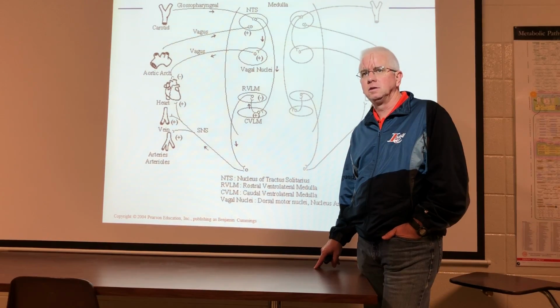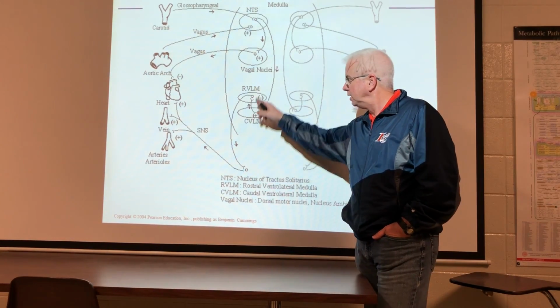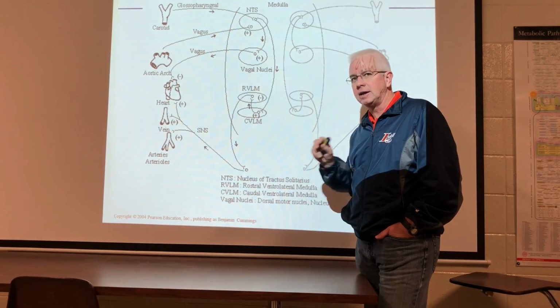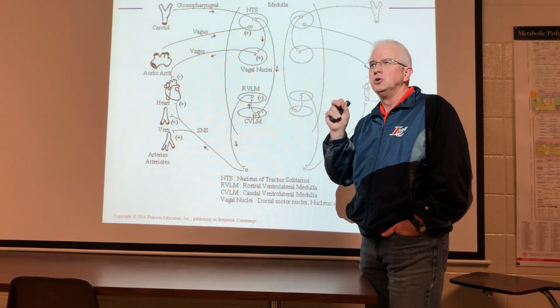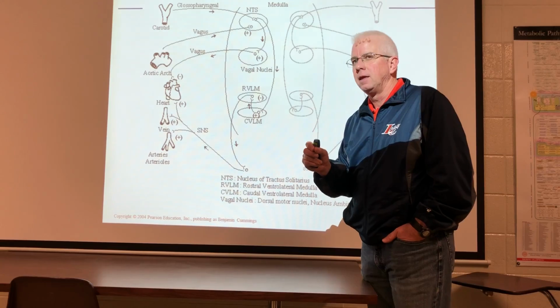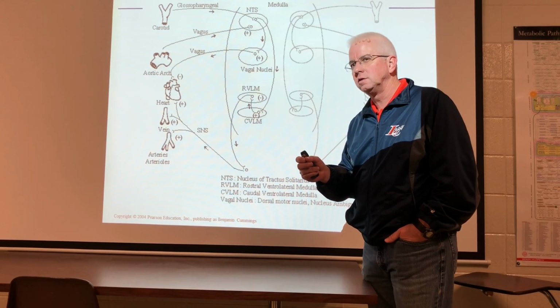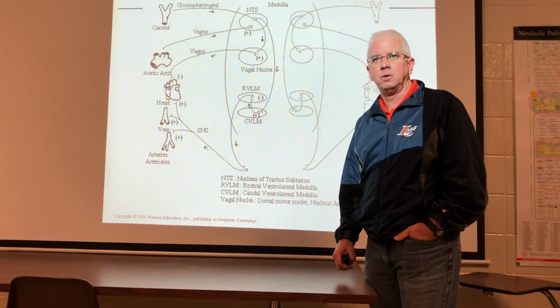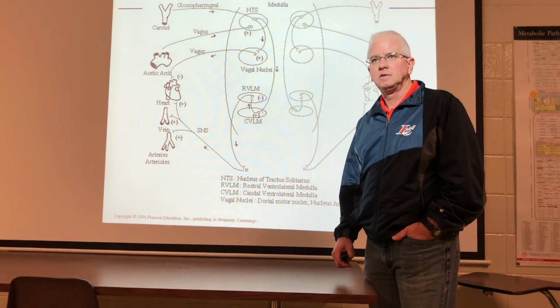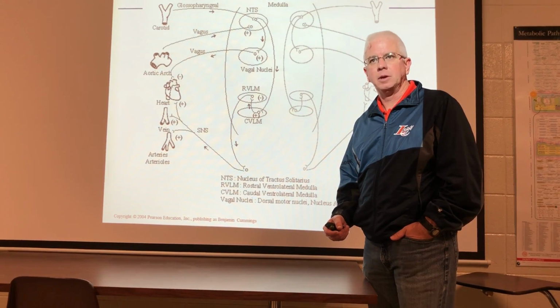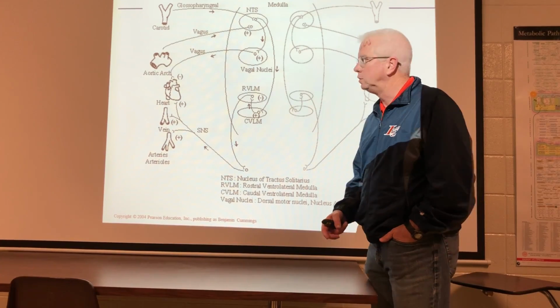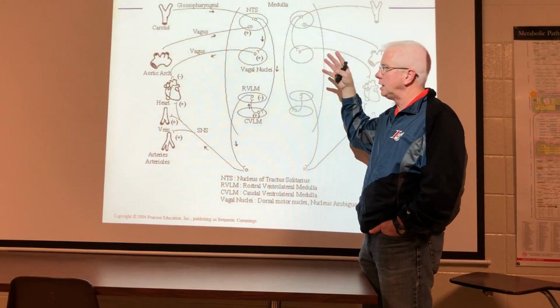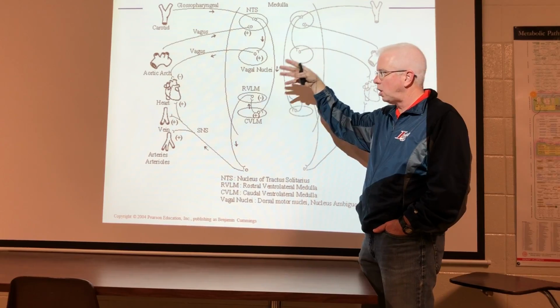These neurons from the medullary nuclei are connecting in the spinal cord to neuronal cell bodies in the lateral horns of the spinal cord. And the good anatomy student hears that and they immediately go, that's sympathetic information.